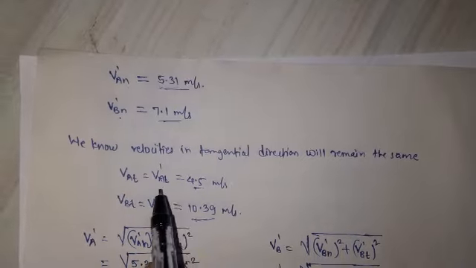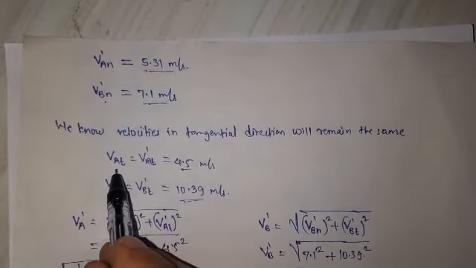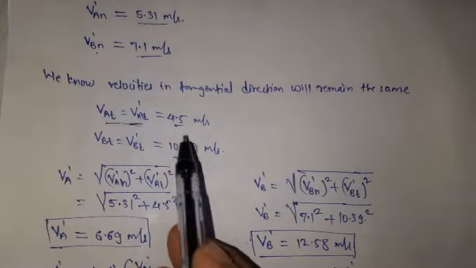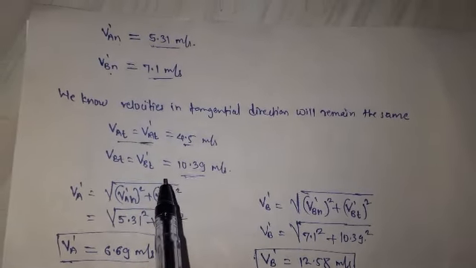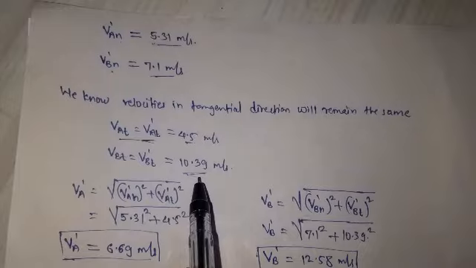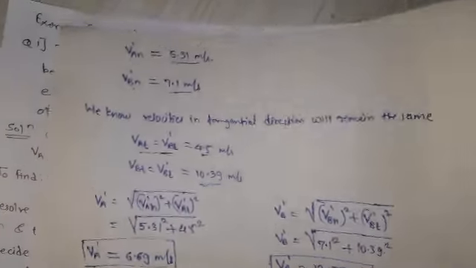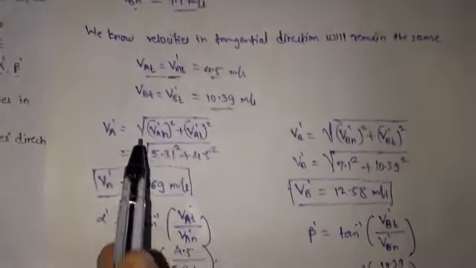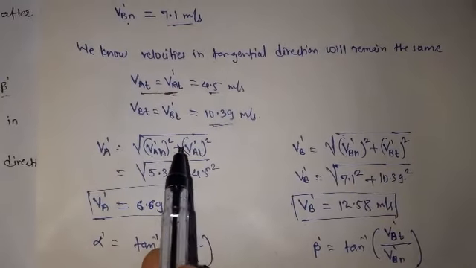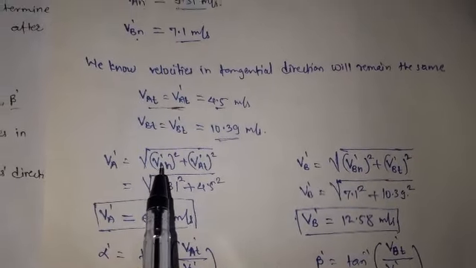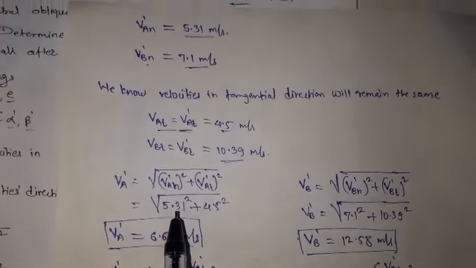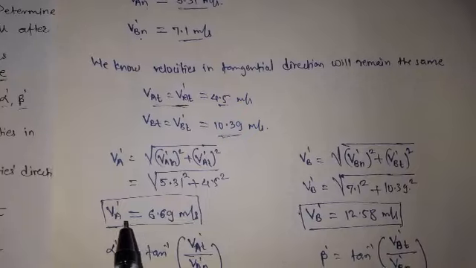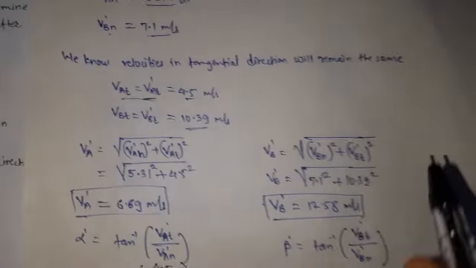Now we already got vat dash, which is 4.5 meters per second, and vbt dash as 10.39 meters per second. Now let's put in this formula, that is va dash is equal to under root of this. Now we have van dash and vat dash. Just put the values and we'll get the value of va dash as 6.69.